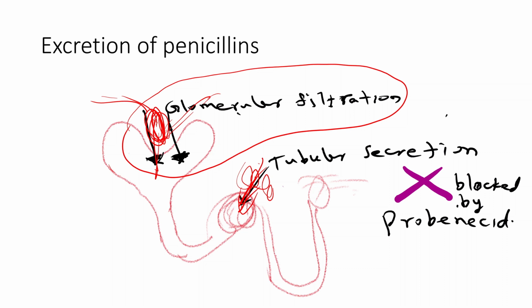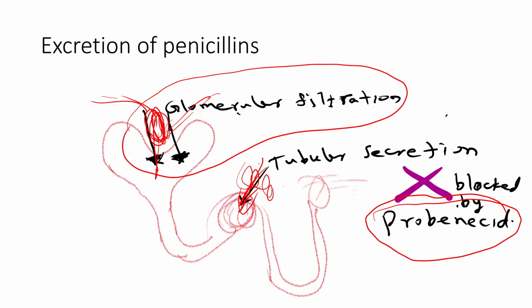There is a drug called probenecid. It blocks the tubular secretion. That is why it can be used to increase the half-life of penicillin in the blood. So probenecid increases the half-life of penicillin by blocking the tubular secretion, and we can use it to increase the penicillin concentration in the blood.